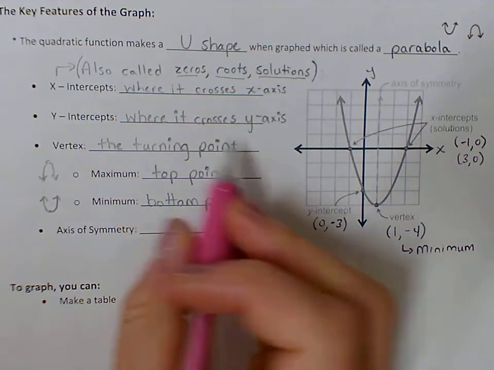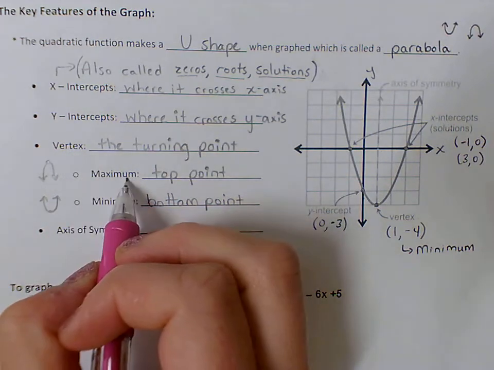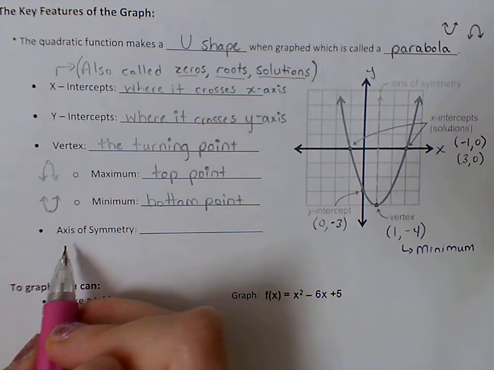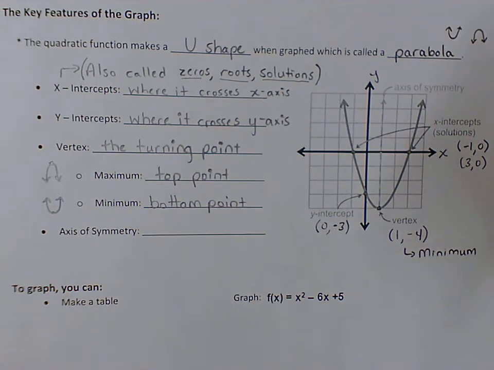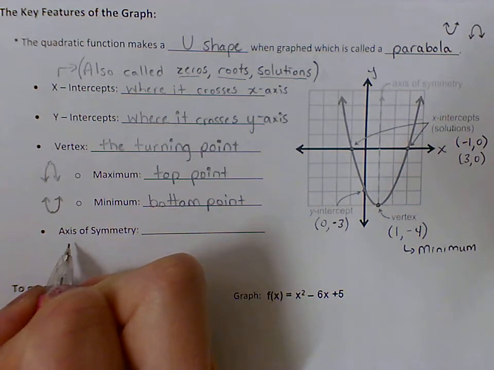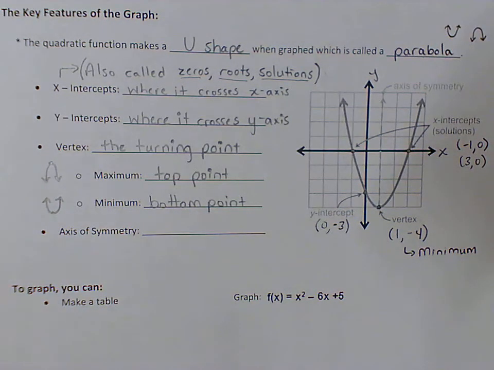So that's another way of describing your graph, is describing it with a vertex and then saying if it's a maximum or a minimum, okay? And then the last way that you can describe the picture and the last key feature of your graph is by describing the axis of symmetry. So axis of symmetry is similar to what you did in other grades with line of symmetry.